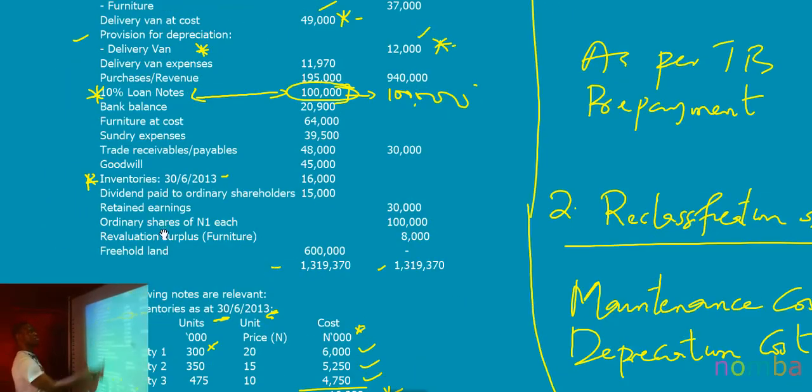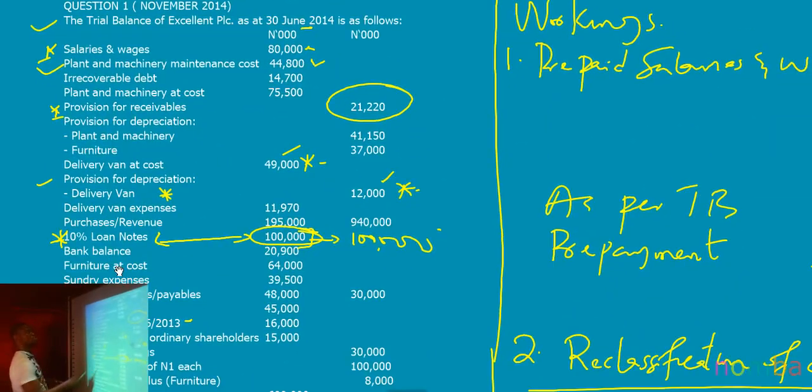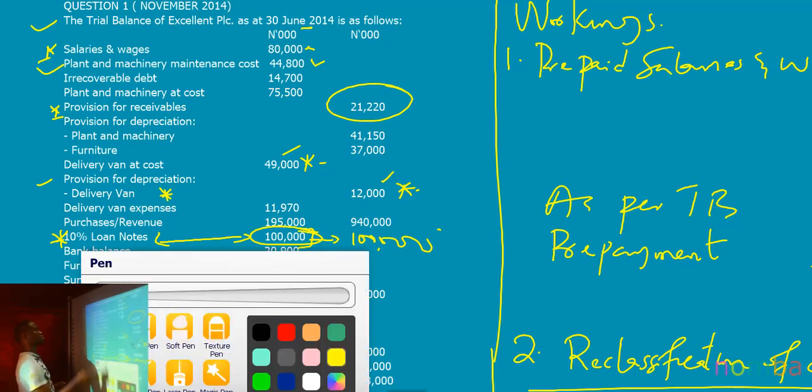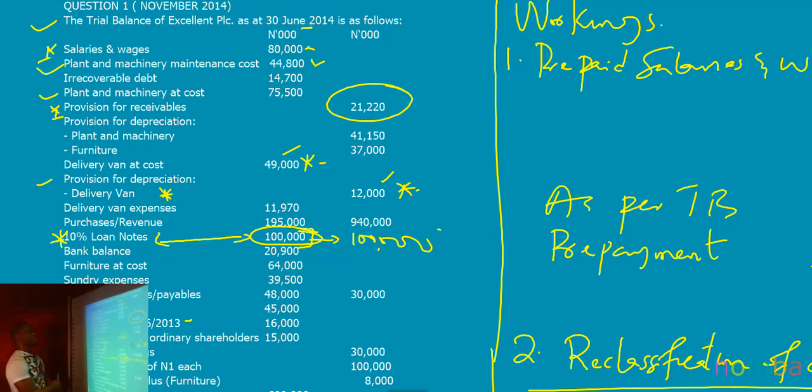But you need to figure out if there are any assets in the account apart from the delivery van. And of course, there are assets. And for me, I can quickly see plant and machinery. Okay, so we need to determine the depreciation for the year for that, as well as the carrying amount. So let me go and make that my next working.